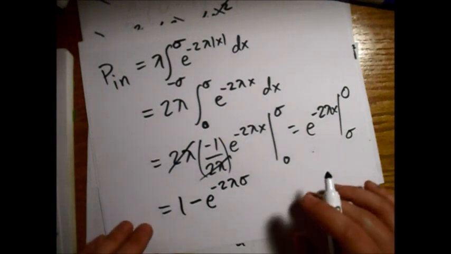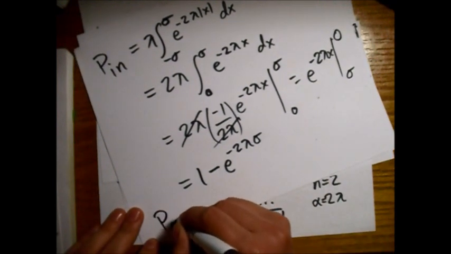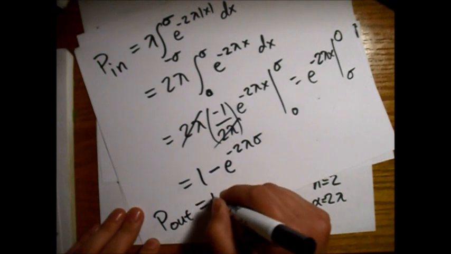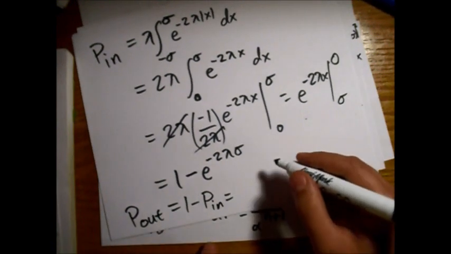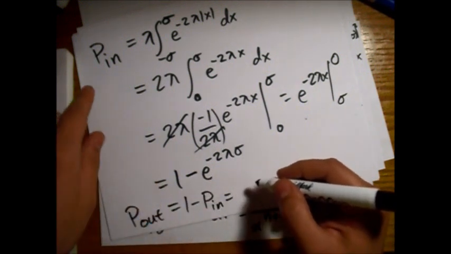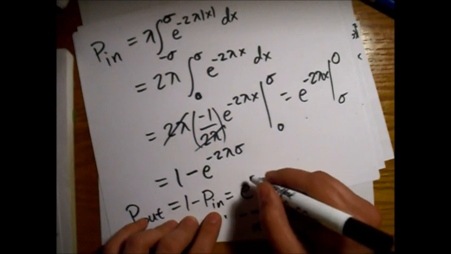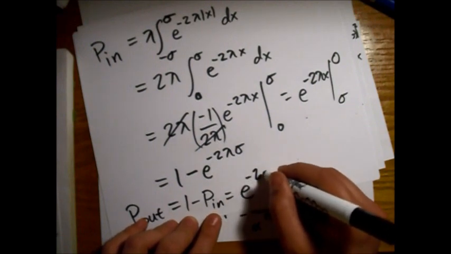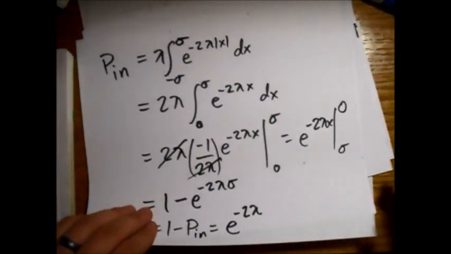Okay, now the probability of being on the outside, which is our original question, is just 1 minus the probability of it being on the inside. So we end up with 1 minus 1, 0, minus this is just plus this e to the minus 2 lambda, and then let's go ahead and plug in our sigma.